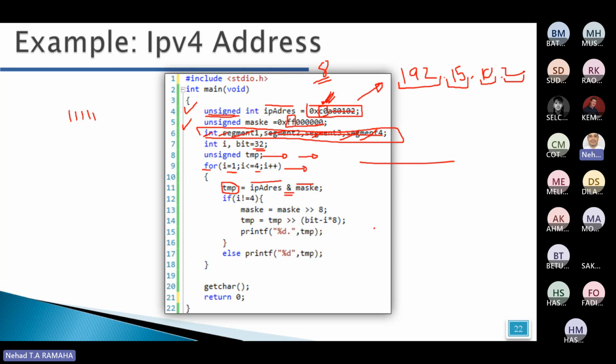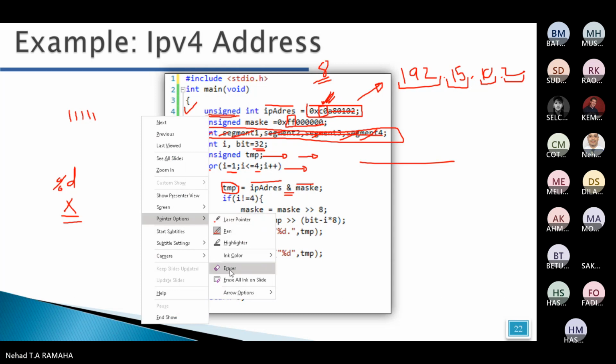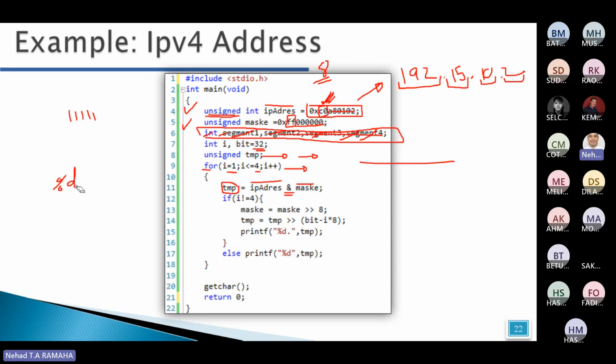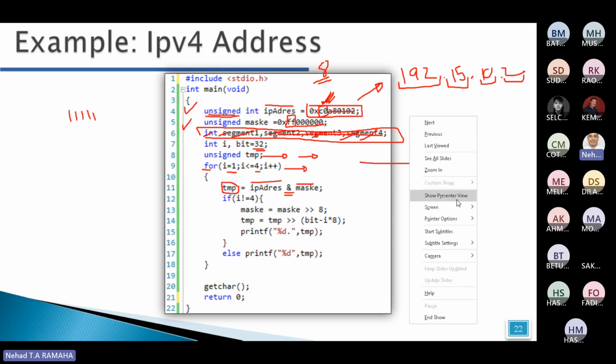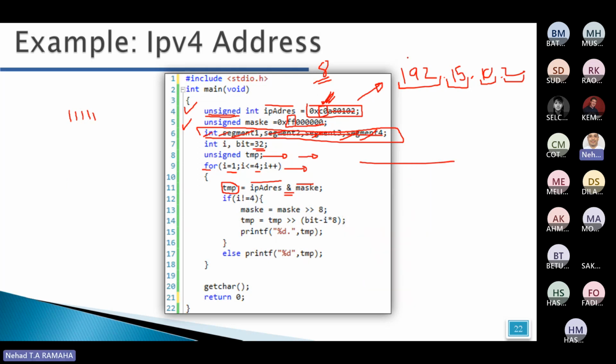You can also print it as hexadecimal. It depends: if you print using %d, it's decimal; %x, it's hexadecimal, okay? IP addresses we usually read as decimal, so I will print it as decimal.